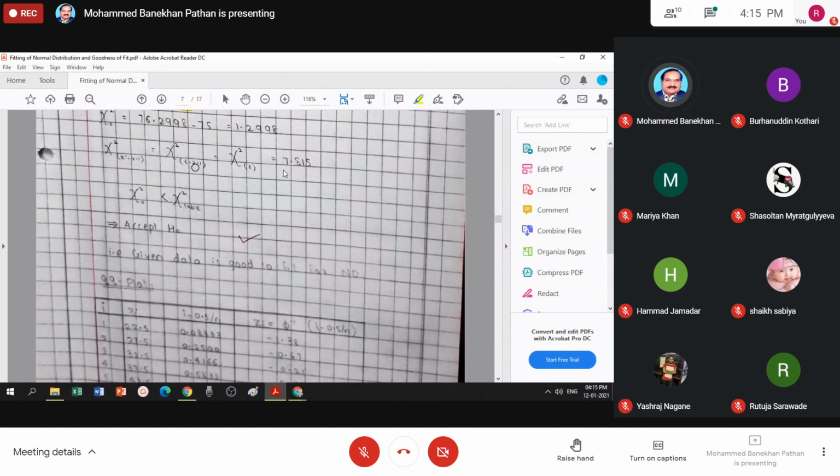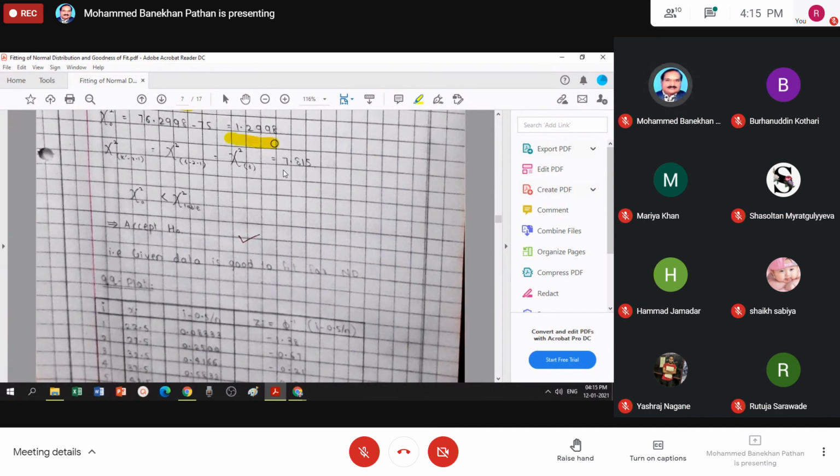Normal distribution has two parameters, so minus 2. Minus 1 by the formula. Answer is chi-square 3. So I get from the statistical table at 5%, the value of the table is 7.815.